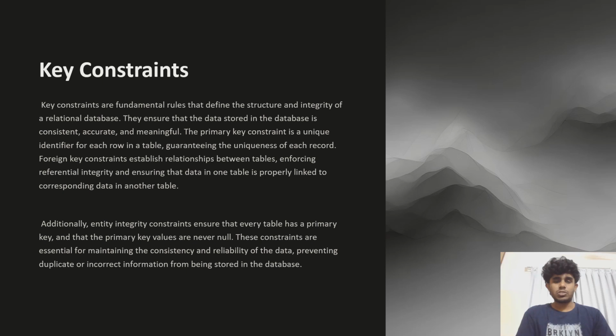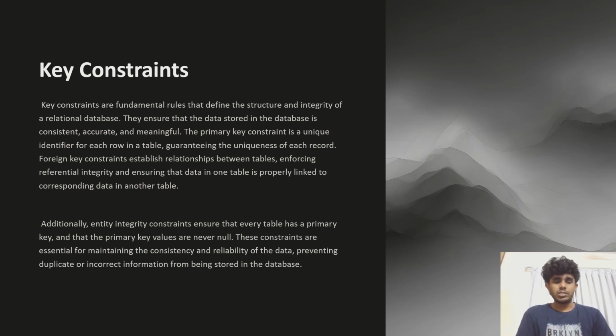The primary key constraint is a unique identifier for each row in the table, guaranteeing the uniqueness of each record. Foreign key constraints establish relationships between tables, enforcing referential integrity and ensuring that data in one table is properly linked to corresponding data in another table.